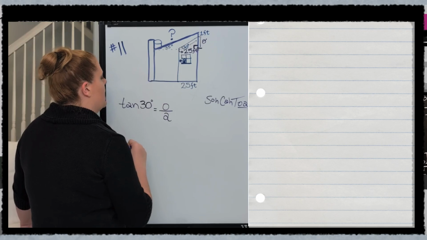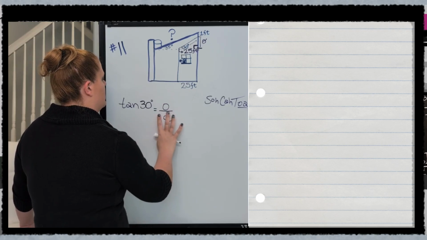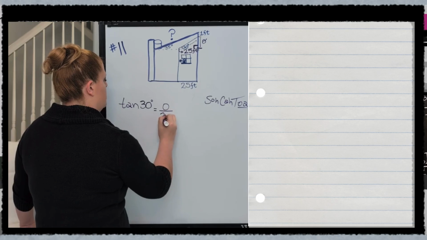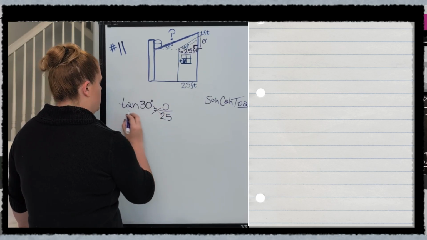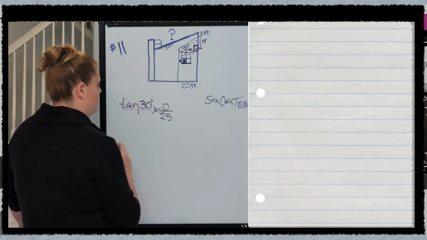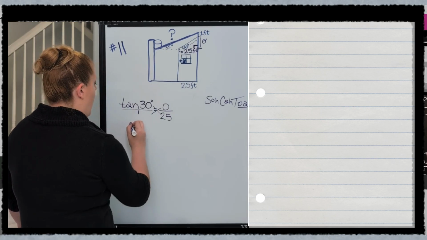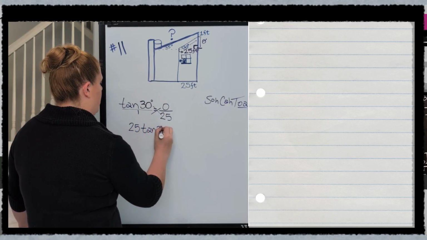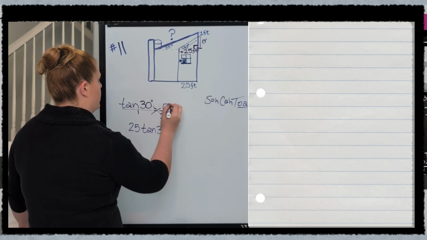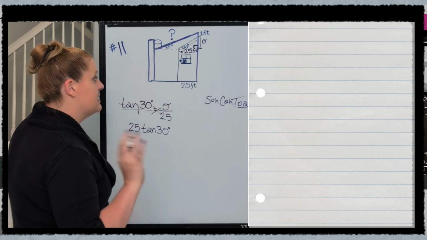Okay, so how do we solve for that? Well, our adjacent is 25. So if I cross multiply, this is over 1. Okay, if there's nothing else there, I have 25 times the tangent of 30 degrees. Let me make this O fancy again, because again, it's not a 0.